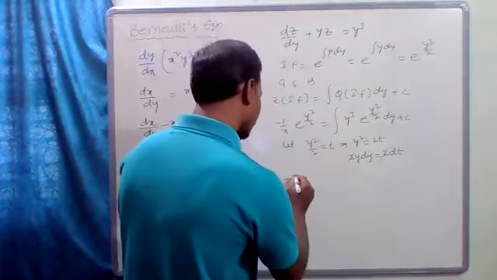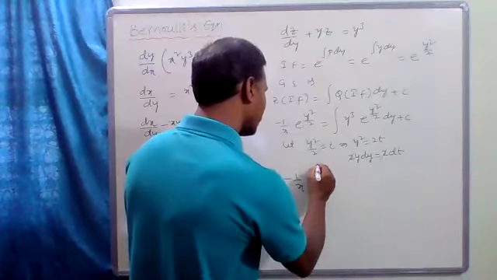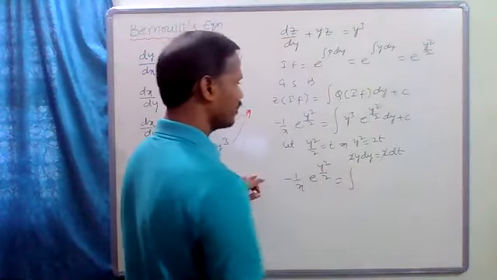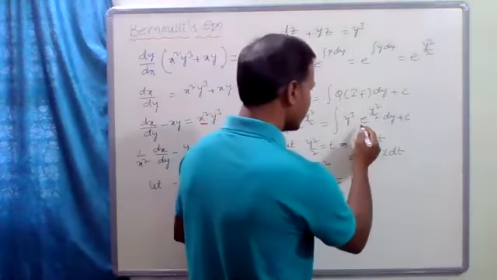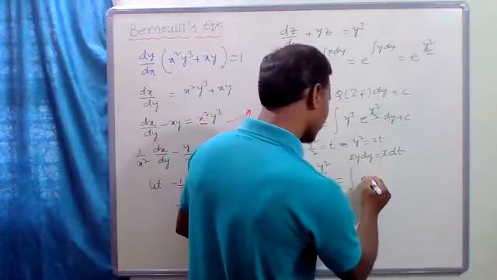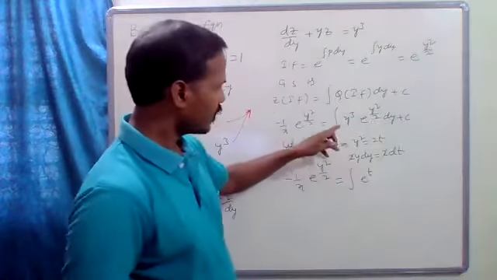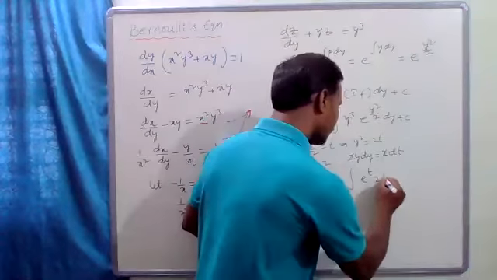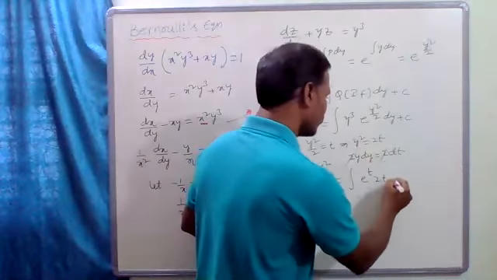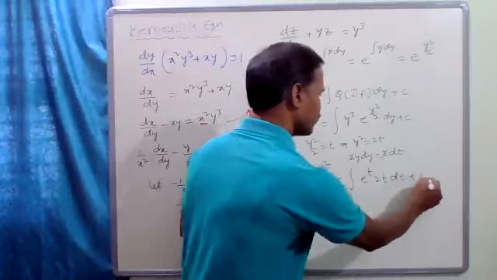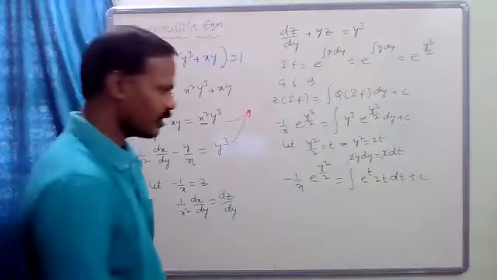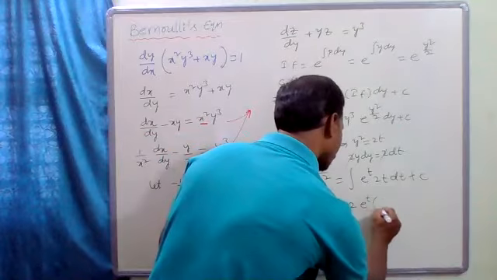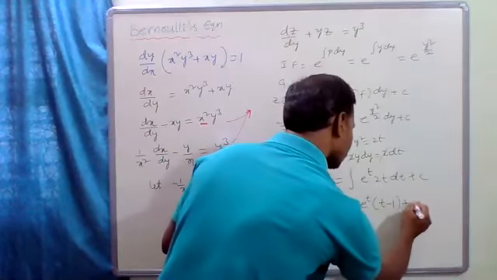Now the problem becomes minus 1 by x e power y square by 2 equals integral of e power t, with y square equal to 2t, so 2t dt plus c. Is it clear? And now this equals 2 into e power t into t minus 1 plus c.